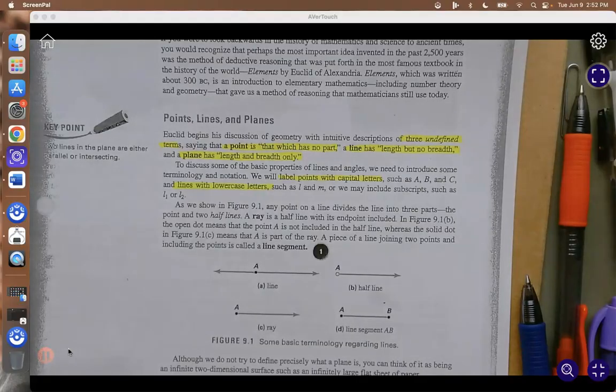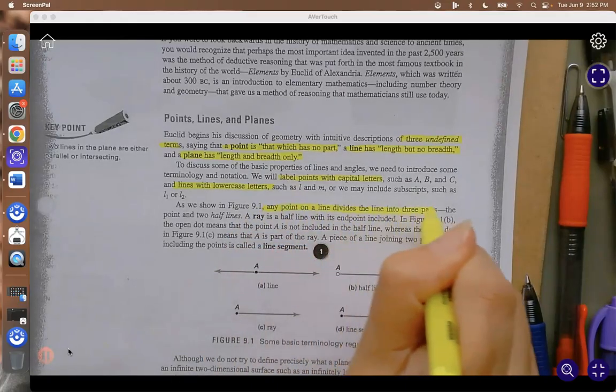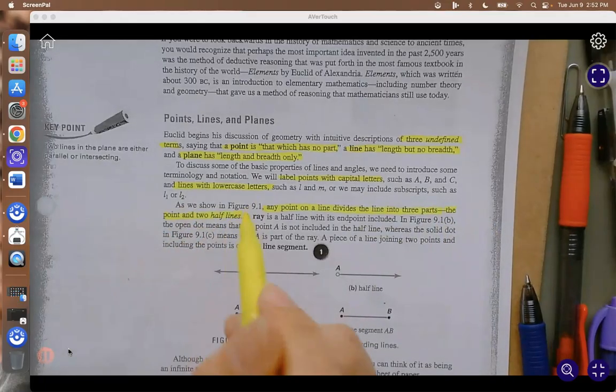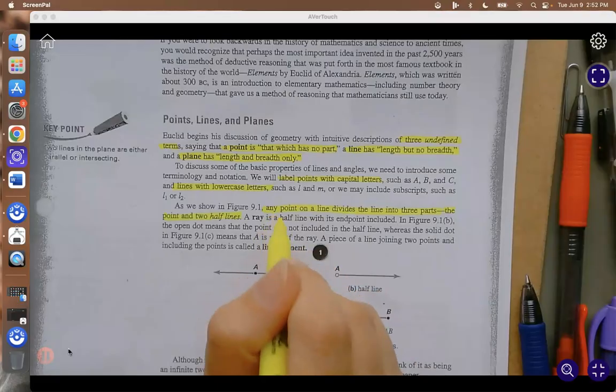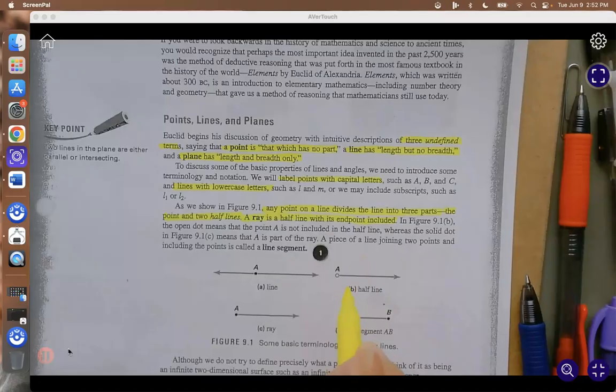Any point on a line divides the line into 3 parts: the point and 2 half lines. A ray is a half line with the endpoint included. I'm just going to put a little box around this.